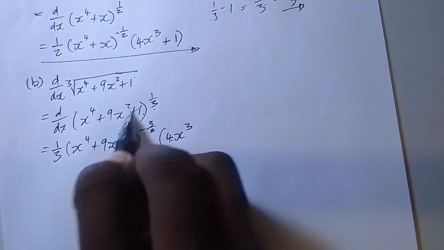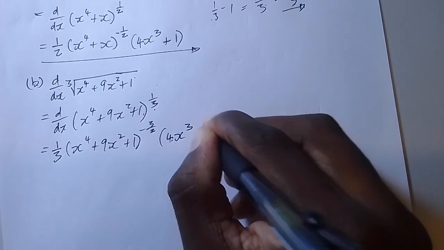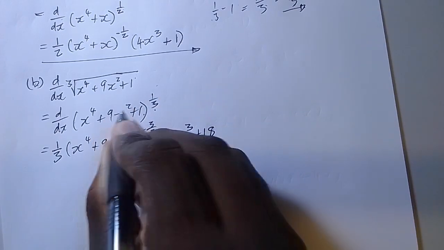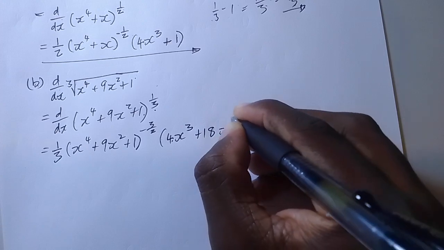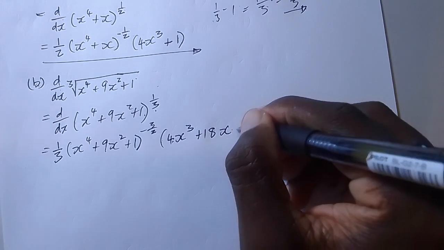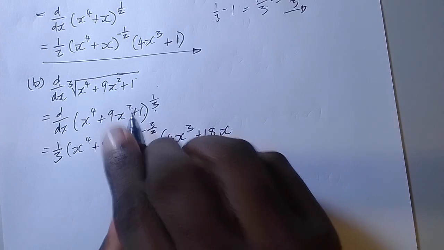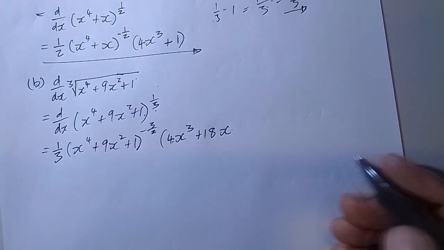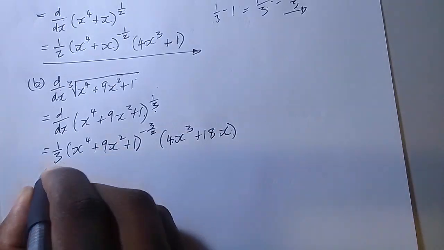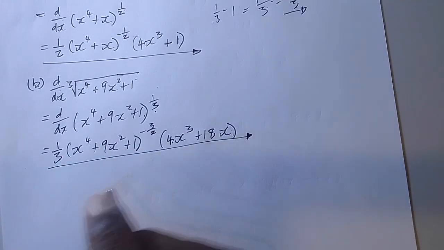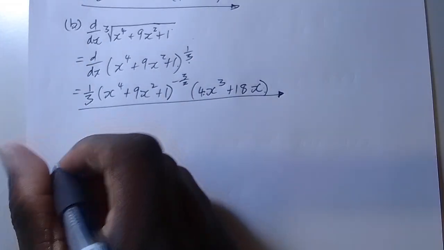The derivative of 9x squared using the power rule would be 18x to the power of 1, because it's 2 times 9, plus 0, right? Because the derivative of 1, or the derivative of any constant c, is just 0. You can go on to further simplify this as well, but I'll leave it there.